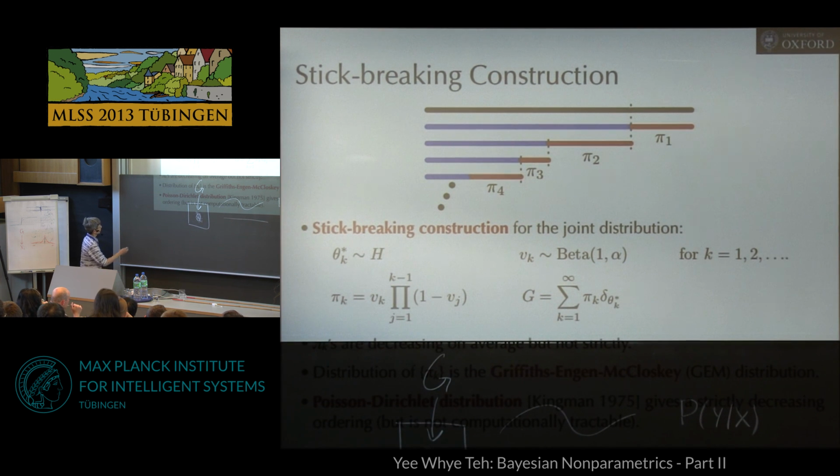Typically, a model is a distribution over words. I'm going to write it as some distribution P, and you would model the words as IID draws from this distribution, X_i.